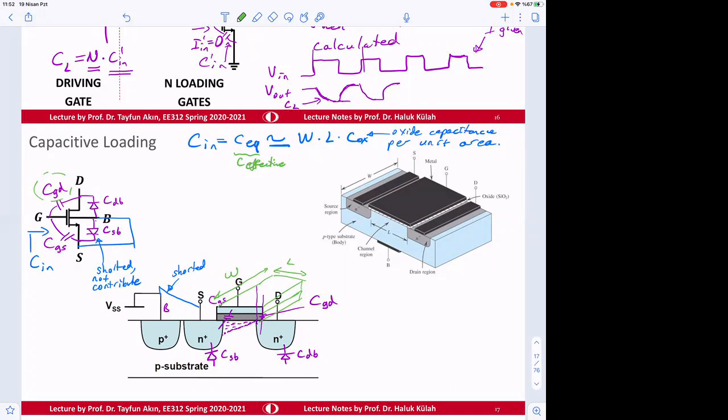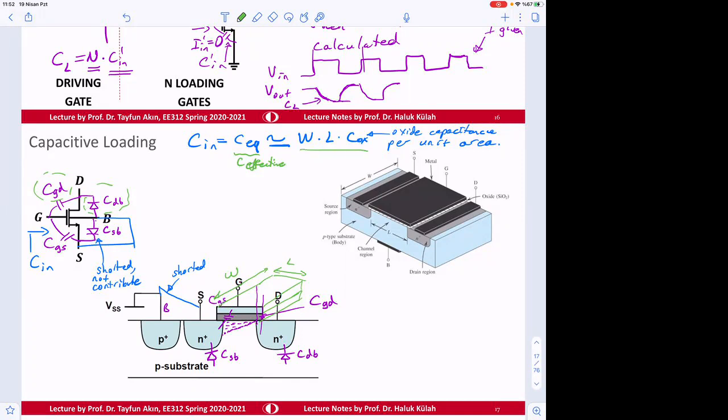This looks like it's at the output node, and we can also add that to the equivalent capacitance. But we will be ignoring that because it's negligible. In summary, that's what we will be using.